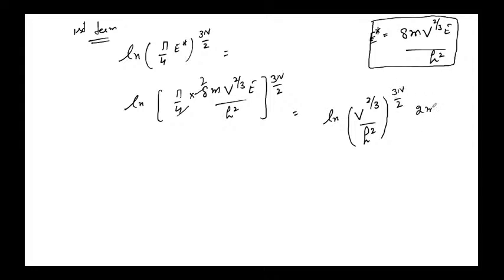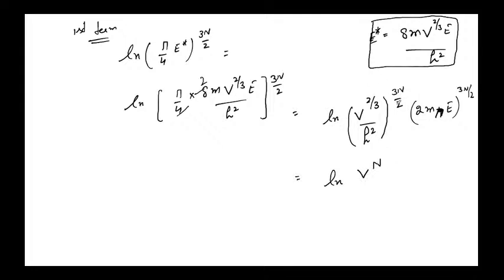The other terms, that is 2 pi me, the power 3n by 2. So this equation becomes log of V raised to power n.